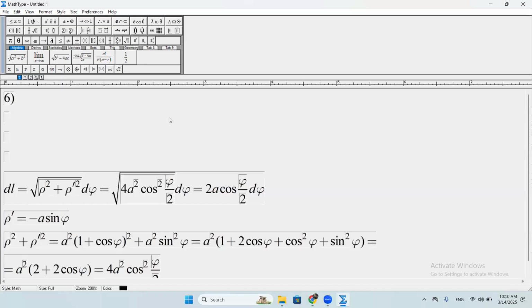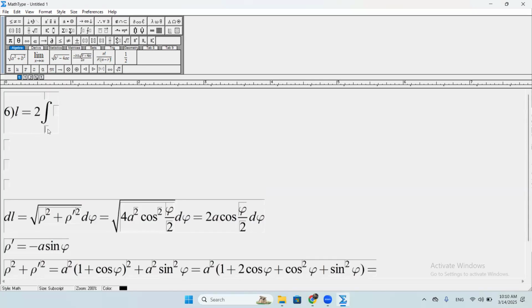So now let's integrate this expression. It's so easy. Remember that we multiply by 2 because we integrate from 0 to π. Okay, let me just copy and paste it. And first of all, I will move out all numbers.